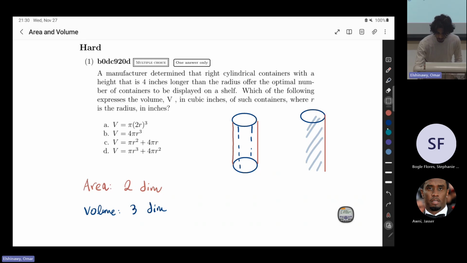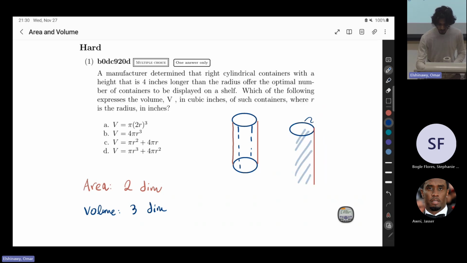And then it boils down to a simpler task, which is to find the area of the circle here, and to find the length, and always check that the dimensions match.